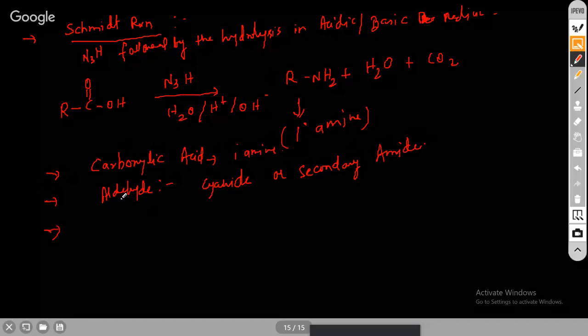Okay. If you have ketone, then it gives secondary amide always. Mechanism I have given you, I hope, in the aldehyde and ketone chapter.